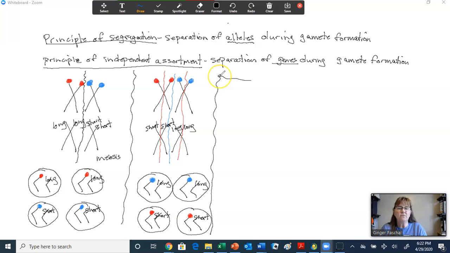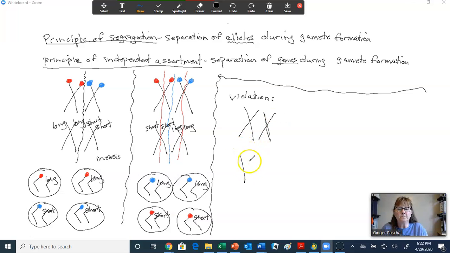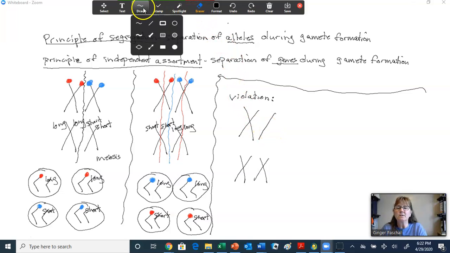Now, we can actually have a violation of the principle of independent assortment. So let's draw this again.